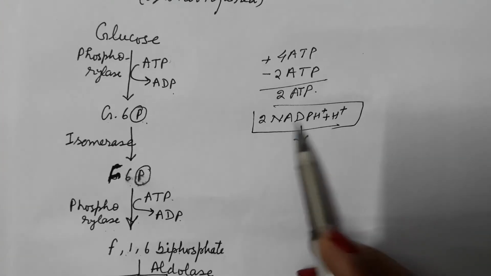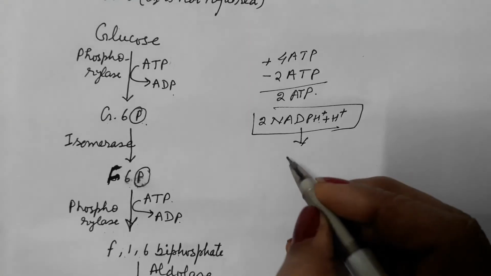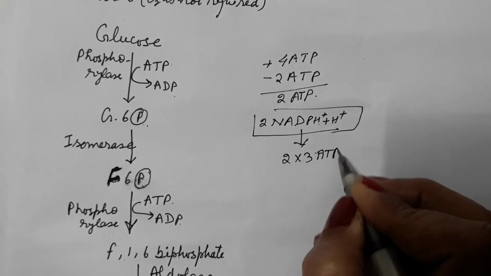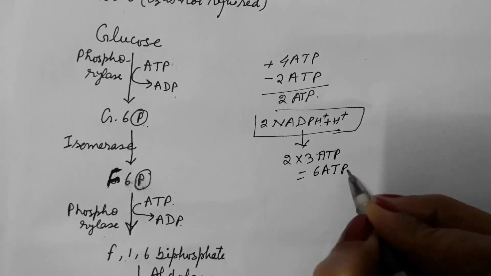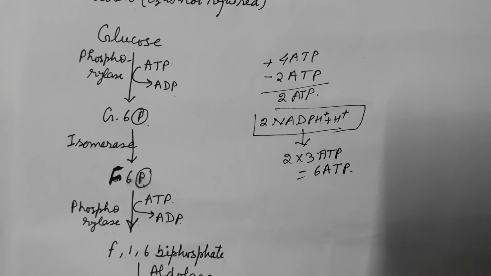1 molecule of NADH2 gives rise to 3 ATP. So 2 NADH molecules give rise to 6 ATP. That is, 6 ATP are produced in the last step of aerobic respiration by NADH2.